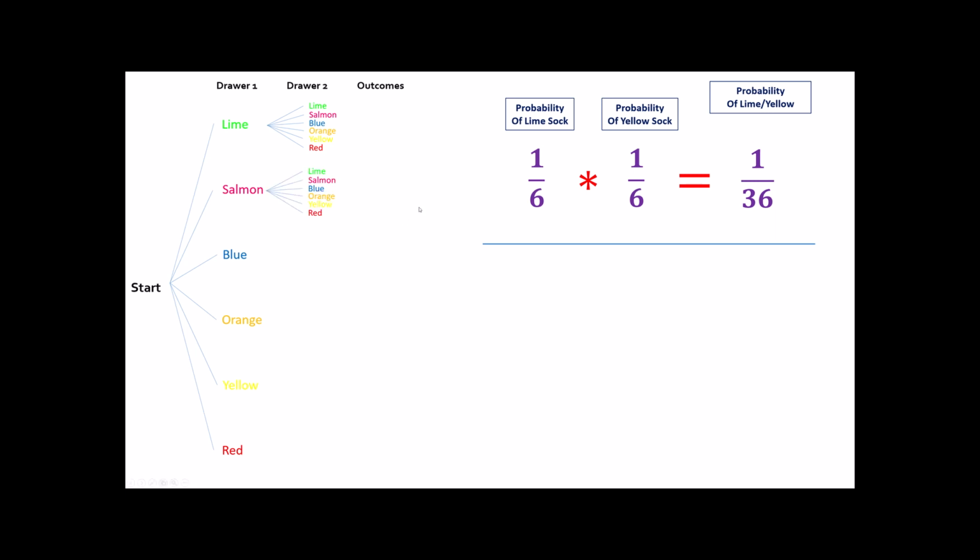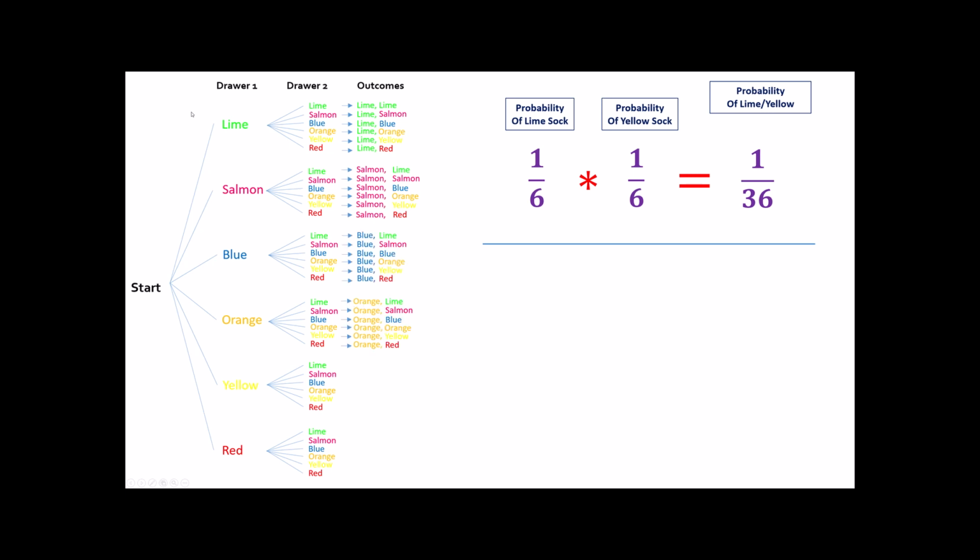And then if my left sock is salmon, then I can draw any of them. If my left sock is blue, I can draw any, and so on. What's important to realize is no matter what sock I pick out of the left drawer, it has no influence or control over what I draw out of the second drawer.